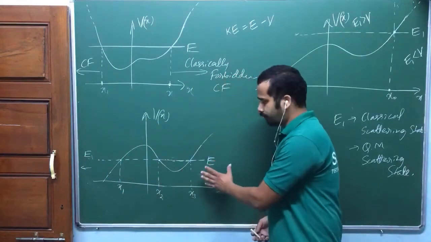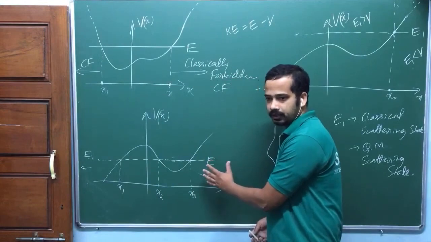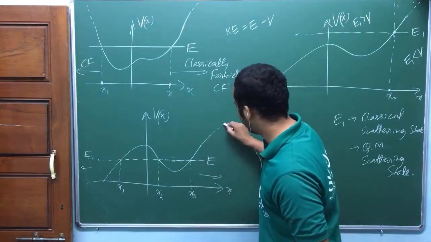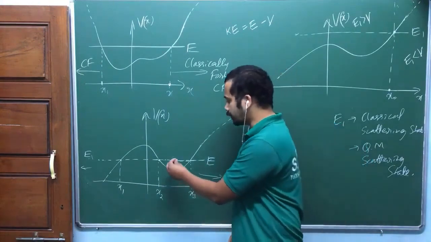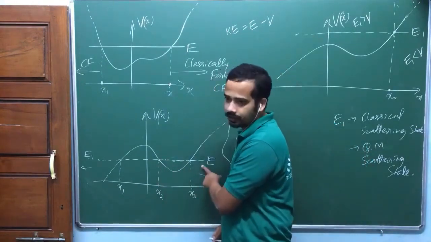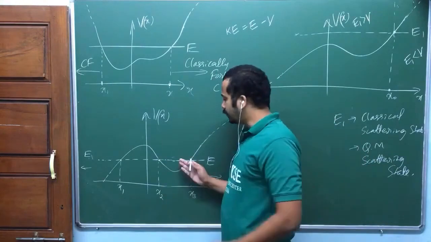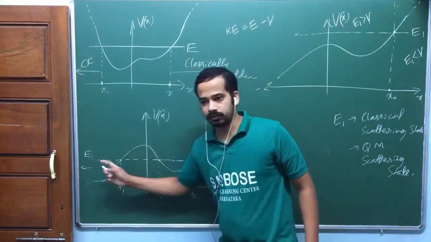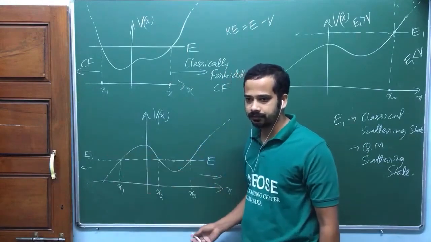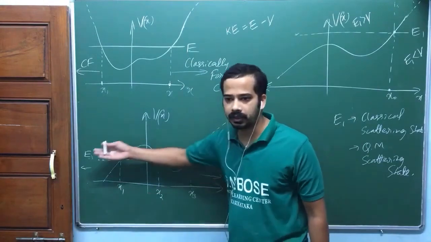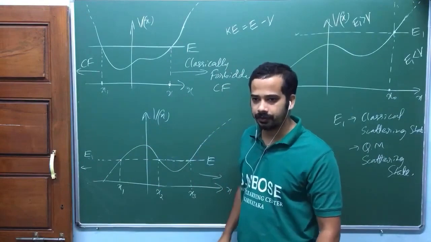Why? Your energy is less than V, am I right? Your potential keeps on increasing. But quantum mechanically, if you leave the particle here with this energy E, it may go into this region also. We call that quantum mechanical tunneling sometimes.